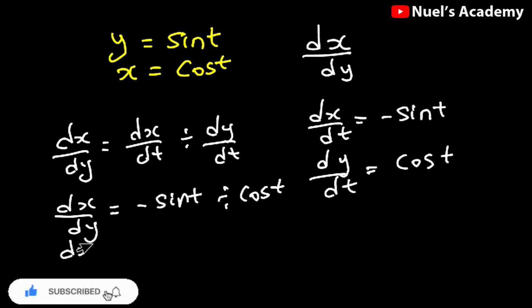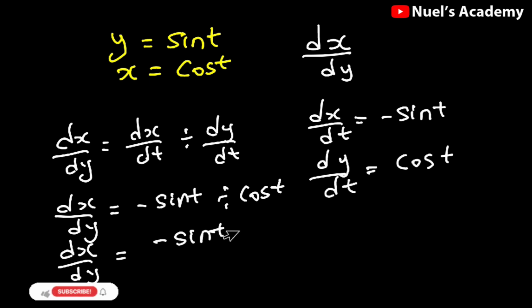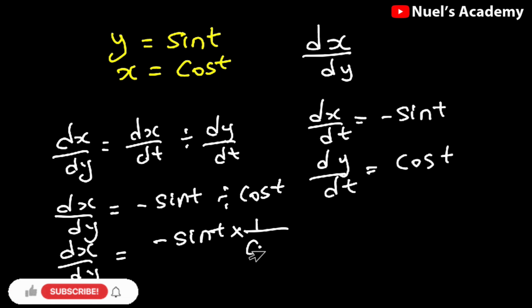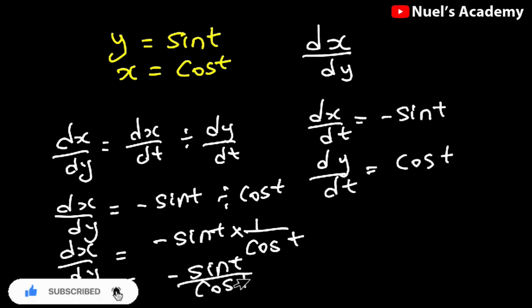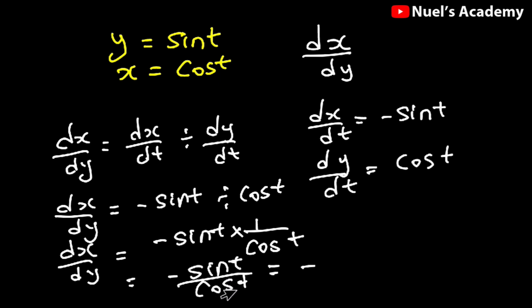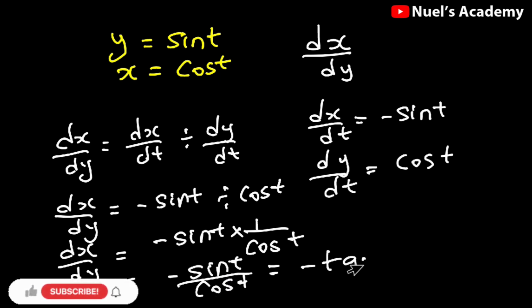So we have that dx/dy is equals to minus sine t multiplied by 1 over cosine t, which is equals to minus sine t over cosine t. And then you know that sine t divided by cos t is the same thing as tan t.